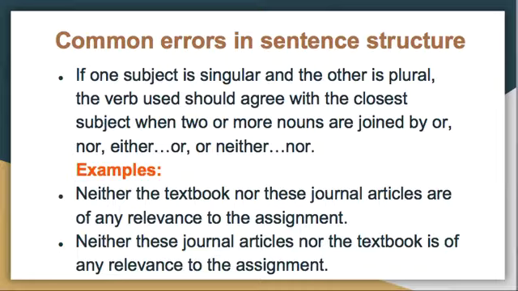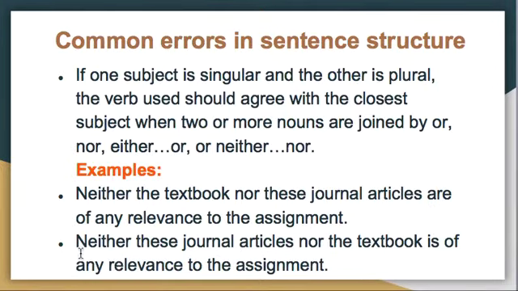So see the example. Neither the textbook nor these journal articles are of any relevance to the assignment. So the closest is the journal articles, the plural form. So you are using the plural form of the verb.